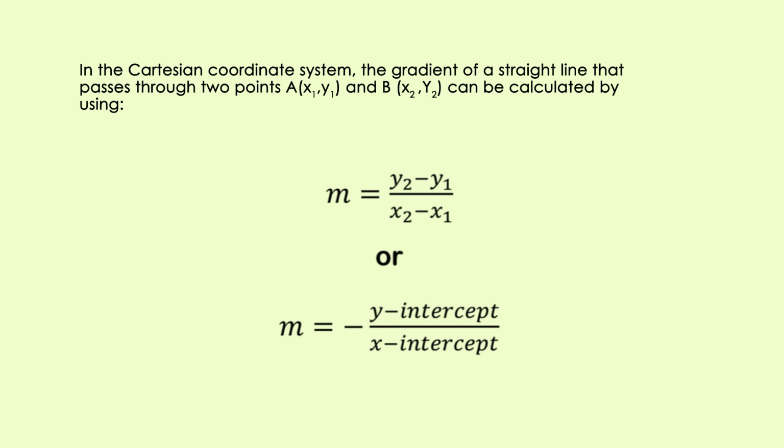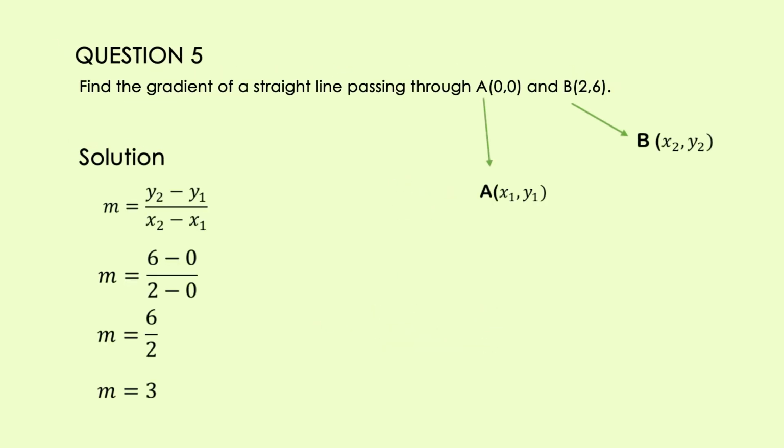Question 5. Find the gradient of a straight line passing through two different points A (0, 0) and B (2, 6).